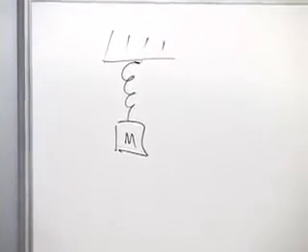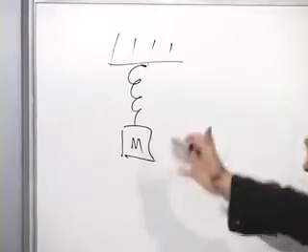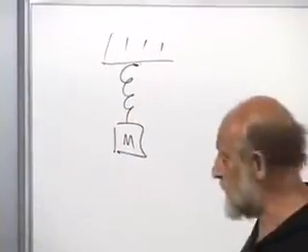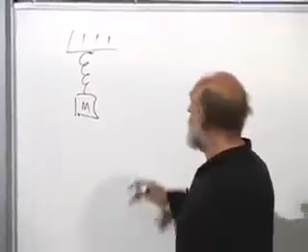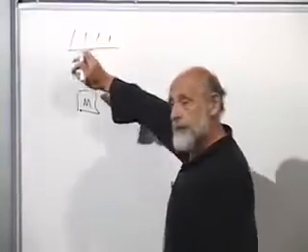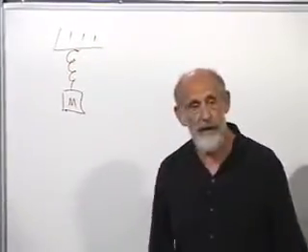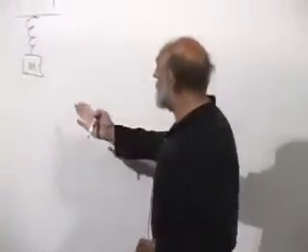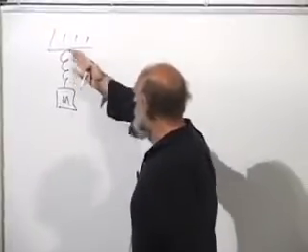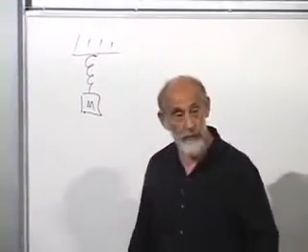The gravitational force is constant, it doesn't depend on how high the mass is, but the spring force varies from nothing when the spring is unstretched and gets bigger and bigger as the spring is stretched. And so at some point, an equilibrium is found between the spring force and the vertical downward force of gravity, and that's the equilibrium position.